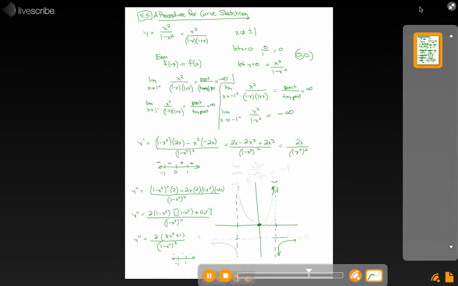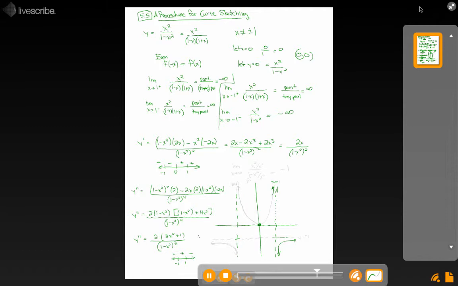If you take a number to the left of negative 1, negative 10 or something, for instance, the numerator will be positive, the denominator will be negative, so you'll have negative, and so you're concave down. In between negative 1 and 1, you could try 0, and you'll end up with concave up, it's positive, and then back to concave down. So those aren't points of inflection, but they are places where the concavity can change at those vertical asymptotes.